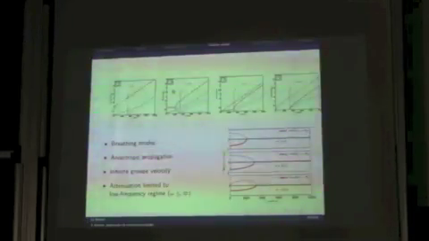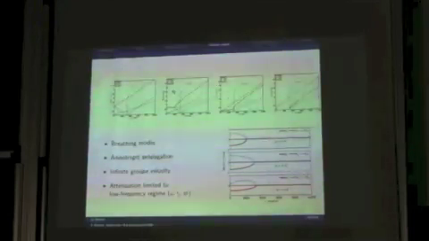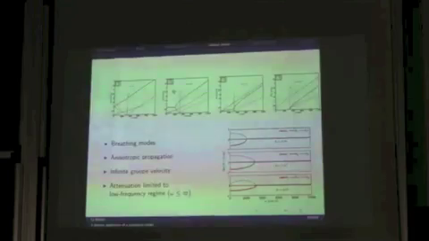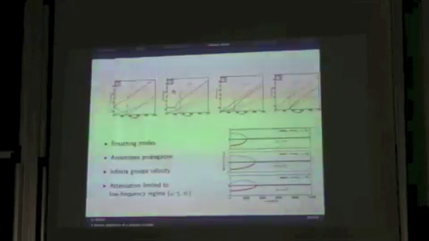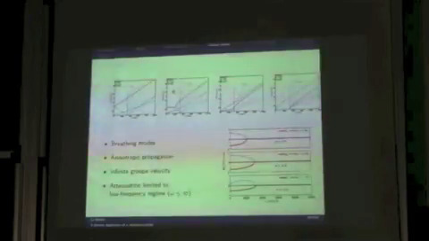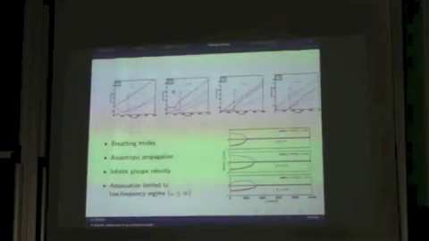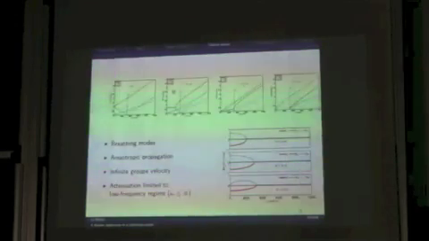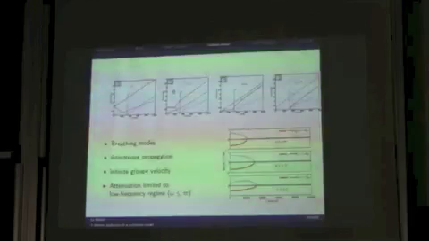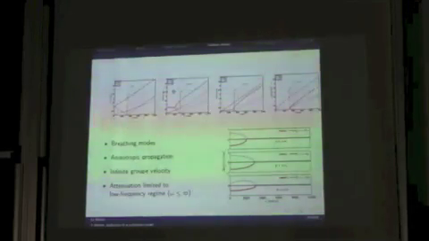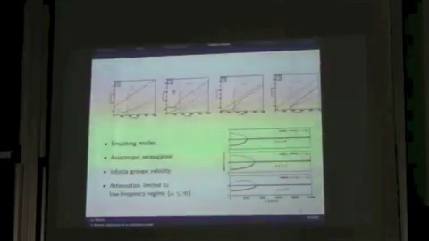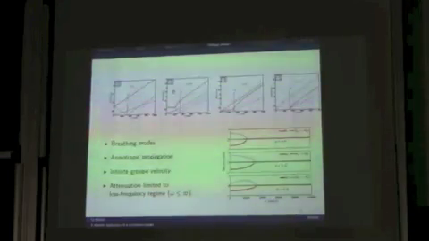So globally, with this model of an elastic medium with torsion, we can observe breathing mode, anisotropic propagation, infinite group velocity, zero group velocity, and attenuation limited to the low frequency regime. This attenuation located in the low frequency regime is quite classical in geometrical elastic media, like in the Timoshenko beam, where you have a complex wave number in the low frequency regime.